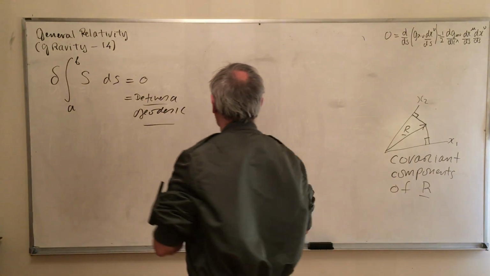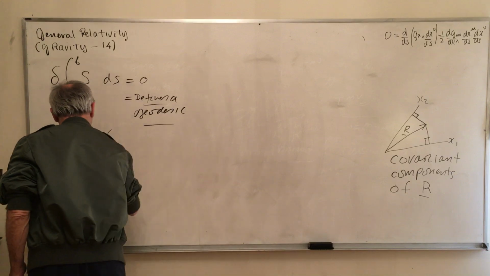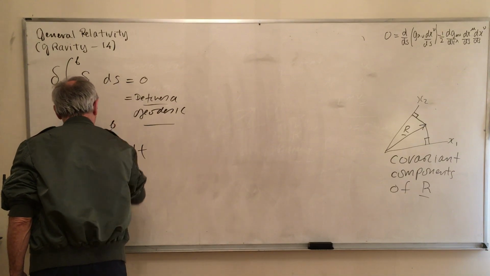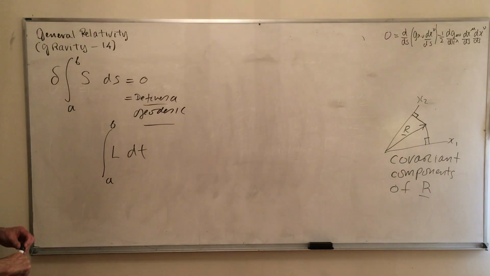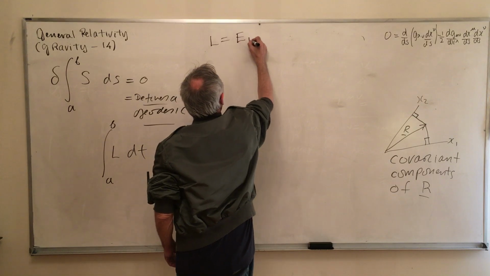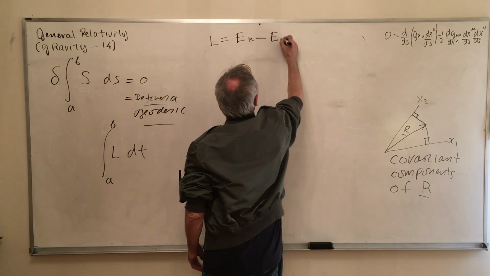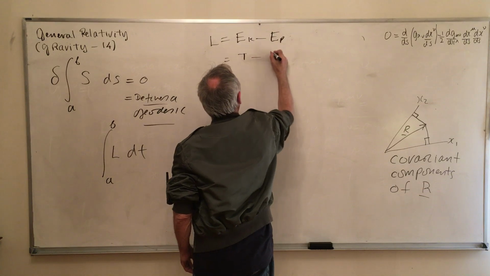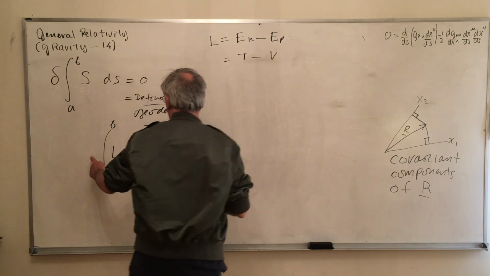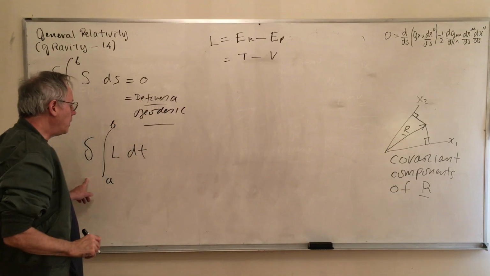Because when we had Lagrange's equation, when we're doing classical mechanics, we write down a Lagrangian, which is the difference between kinetic and potential energy, and we minimize what's called the action.